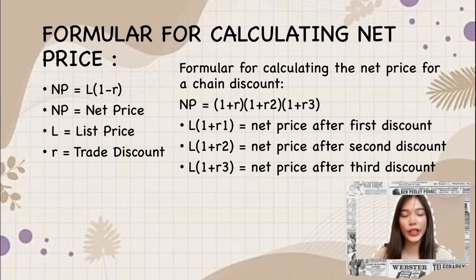L open bracket 1 plus R1 close bracket equals net price after first discount. Secondly, L open bracket 1 plus R2 close bracket equals net price after second discount. Thirdly, L open bracket 1 plus R3 close bracket equals net price after third discount.